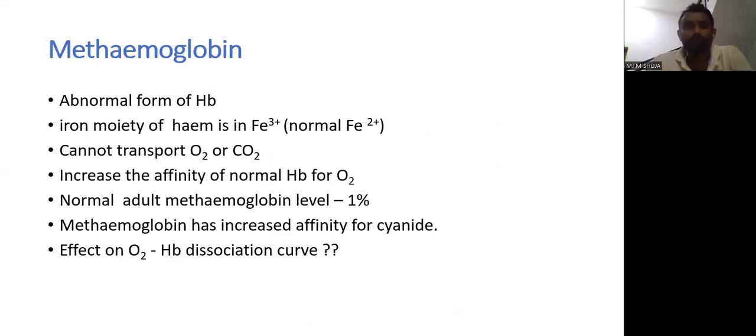Again, methemoglobin is just an abnormal form of hemoglobin. Usually in the heme moiety of the hemoglobin, iron is found in the Fe2+, that is ferrous form, but here it is found in the Fe3+ ferric form. So it cannot transport oxygen or carbon dioxide.